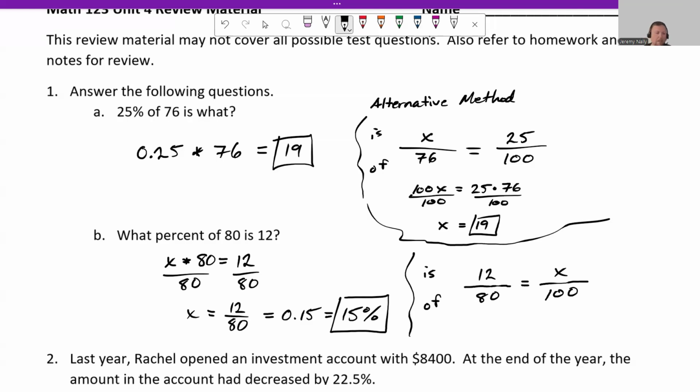You can match up things that should be going together in the style of proportions. So now when we cross multiply this, we have 80x equals 12 times 100, and then divide both sides by 80. So then we get x is 15.